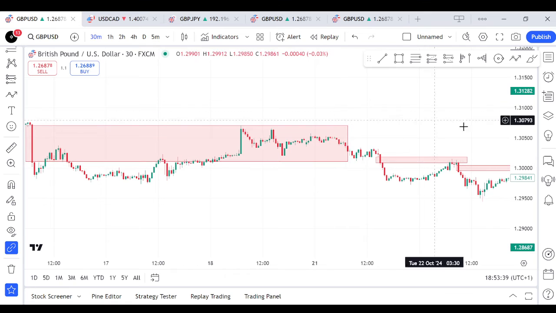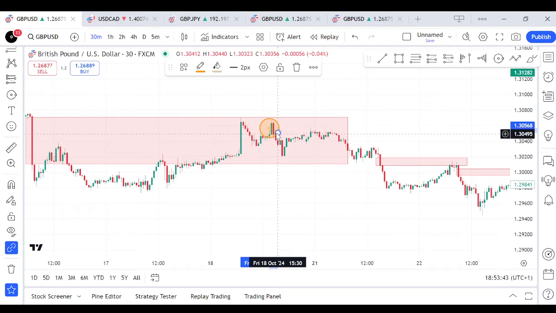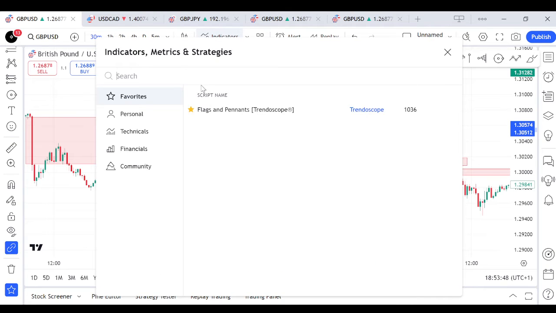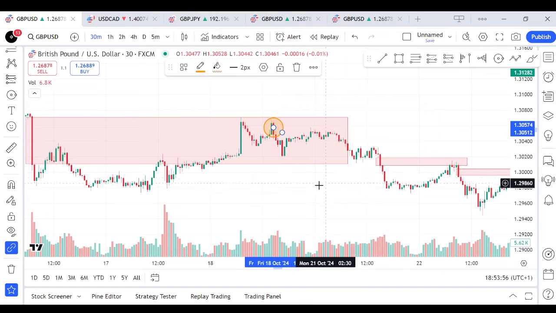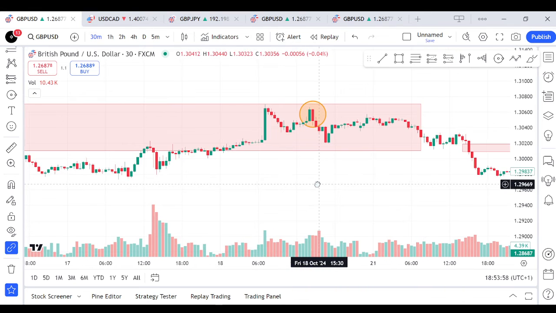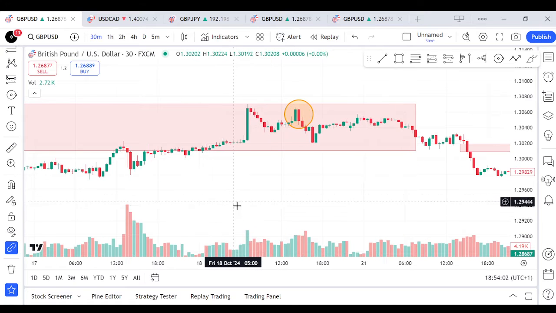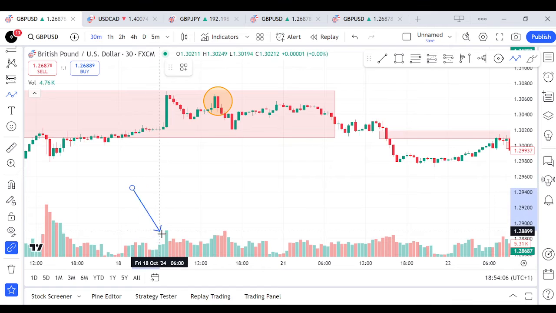And you can see after this we have some candlestick patterns confirming that yes, we should be looking for bearish trades. I like to use the volume to confirm my trades, so I'm just going to add the volume to the charts, and you can see as we hit the fair value gap, we are still having buying volume right here, so it's wise to wait.